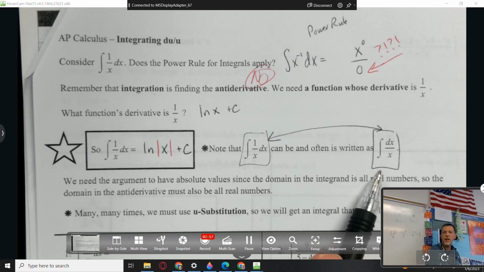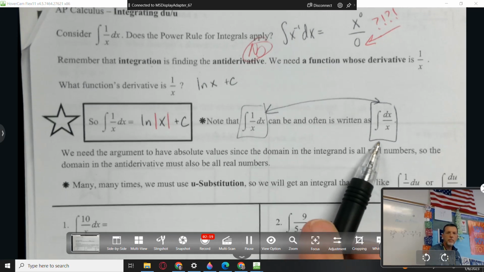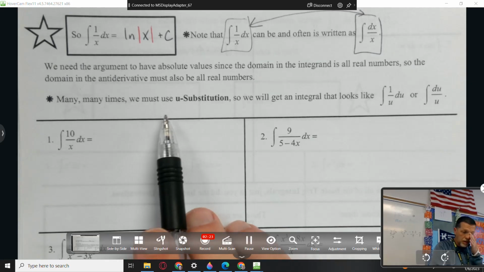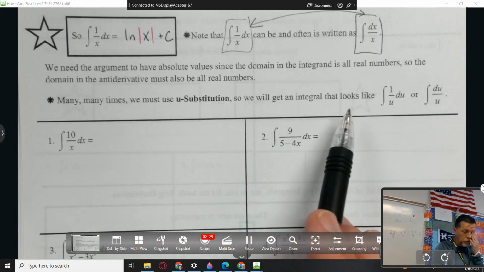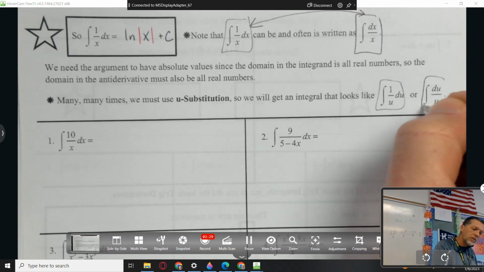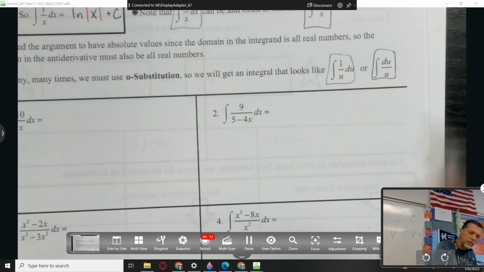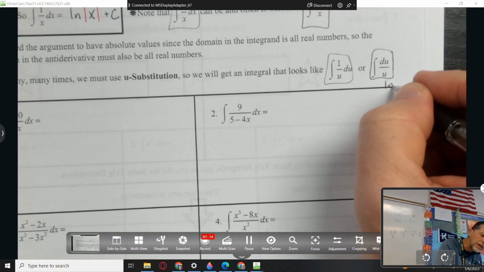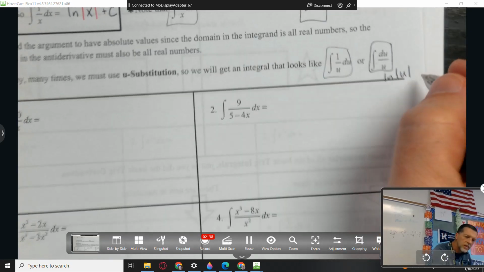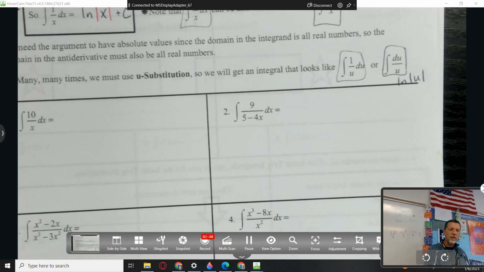This is the same thing, dx over x. A lot of times we'll use u substitution, and we end up with 1 over u, or just du over u. And when we do that, that antiderivative would be natural log of the absolute value of u plus c.